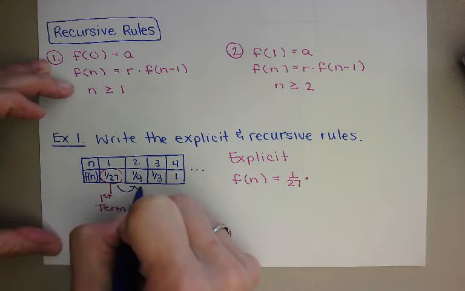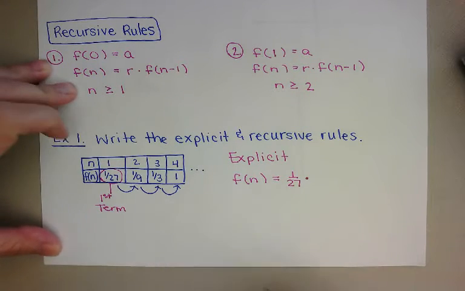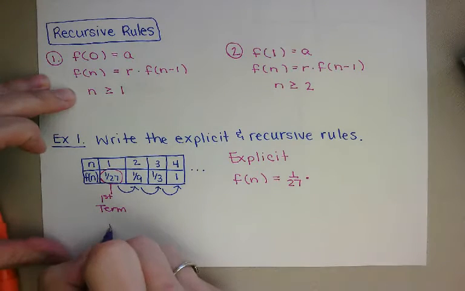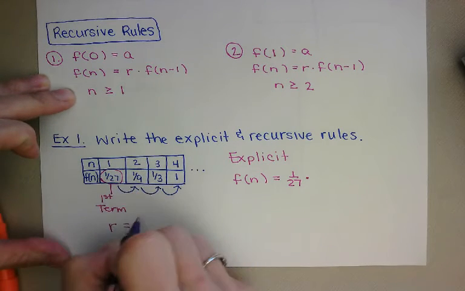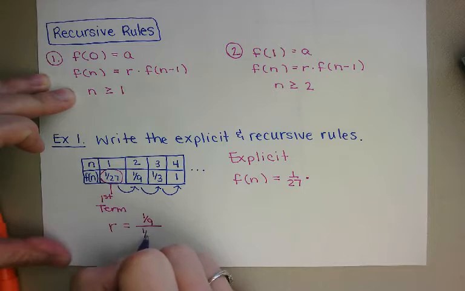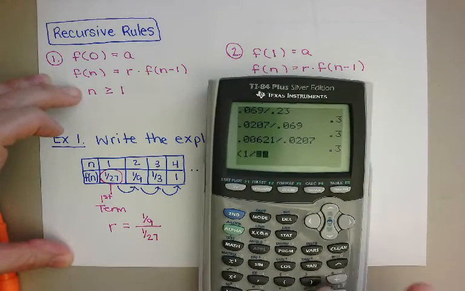So what are they doing from here to here and there to there? If you want to figure out what your r is, take one of the terms. So I'm going to take 1/9 and I'm going to divide it by 1/27.